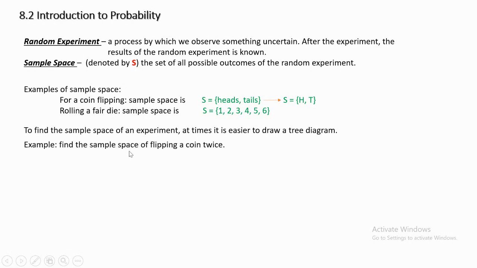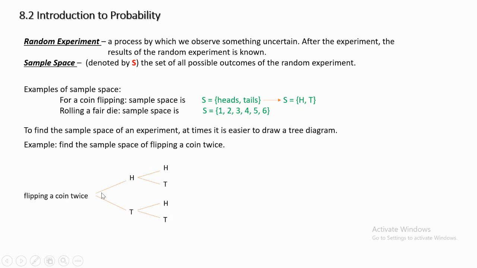So for example, find the sample space of flipping a coin twice. Here's my first flip. It can be heads, or it can be tails. Now comes my second flip. If it was heads the first time, then it can be heads, or it can be tails. Or it can be tails on your first flip, and then after that it can be heads, or it can be tails.